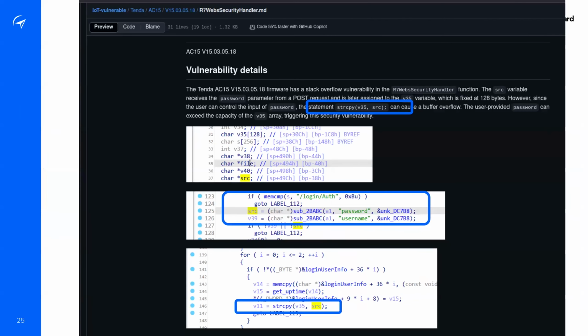Let's dive a bit deeper. They mention an analysis of this vulnerability and the detail, mentioning that a string copy is responsible for the buffer overflow, and it is populated by a function at 2b abc with a password field, and that leads to a buffer overflow in the stack.